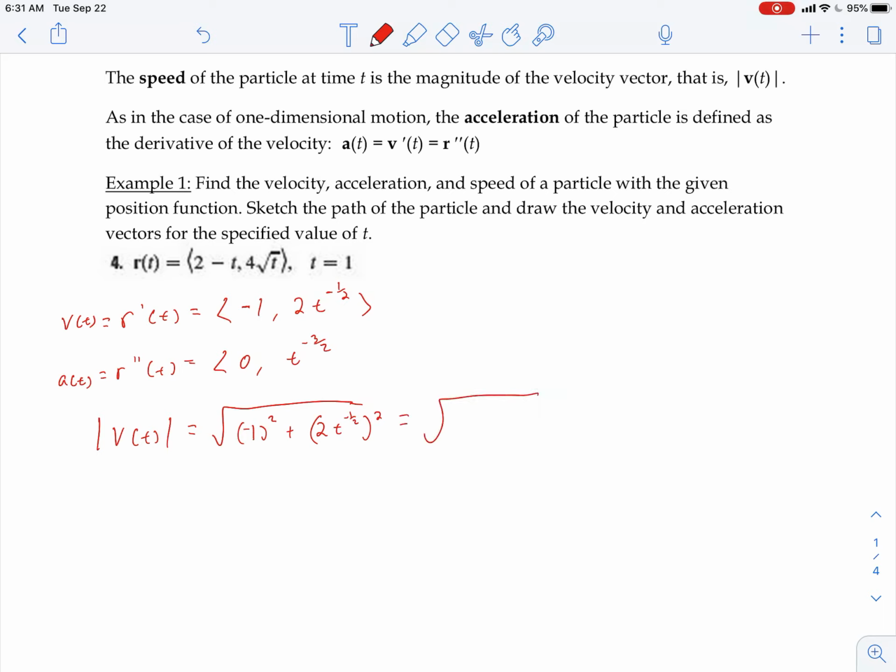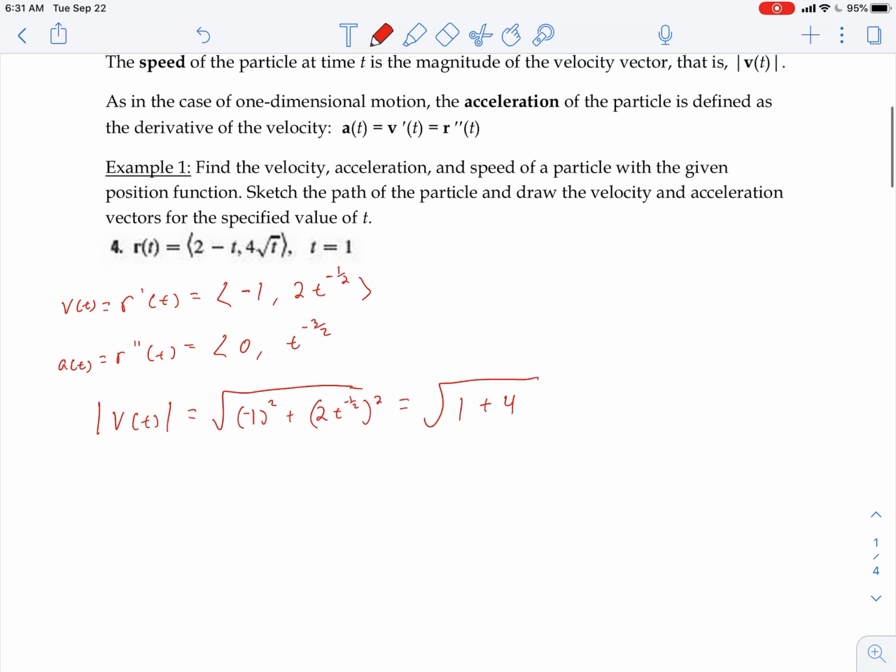And so we finish with -1 squared is just 1, plus 2 squared is 4, t to the -1/2 squared is t to the -1, so 4 over t. And there's our function for speed.